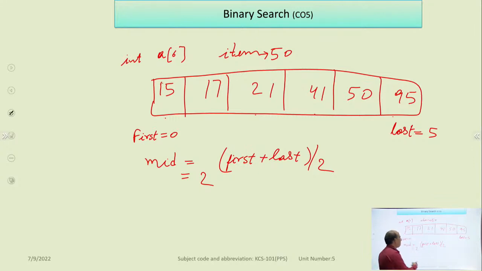So we find that the mid index is 2. Now we compare the item to be found with the element at the mid position.